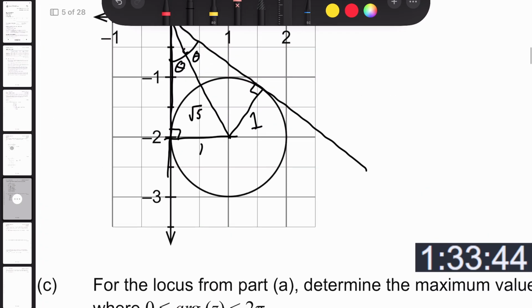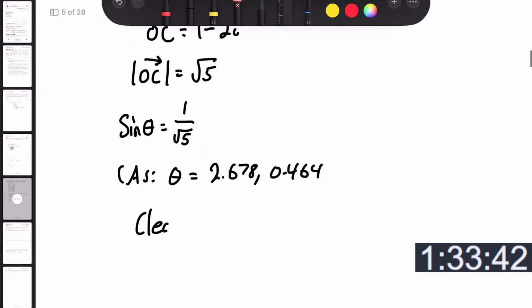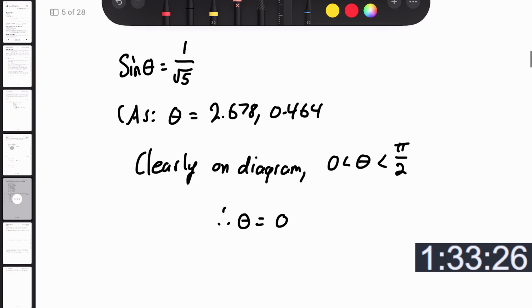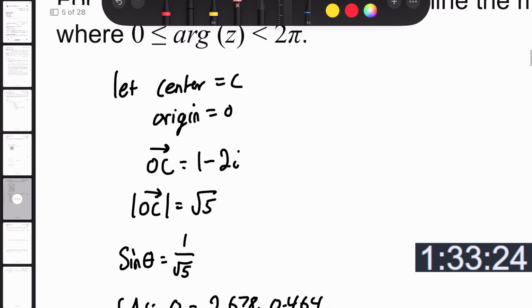Quite clearly on the diagram, theta would be less than pi on 2, therefore theta is equal to 0.464.